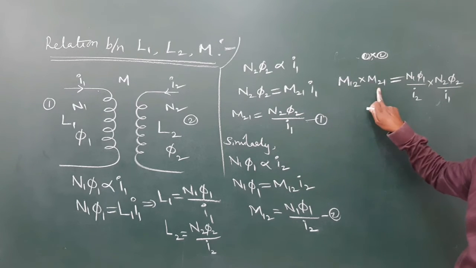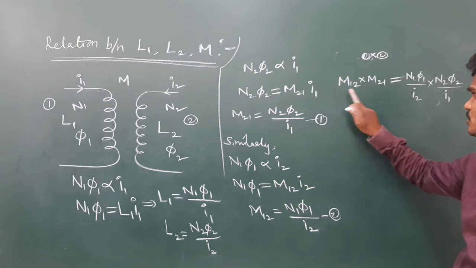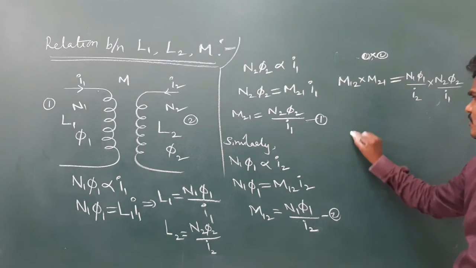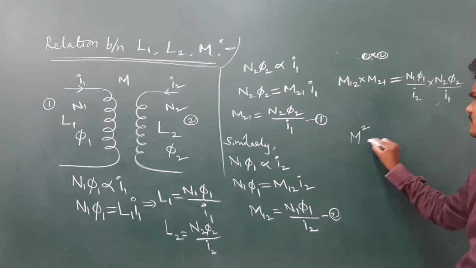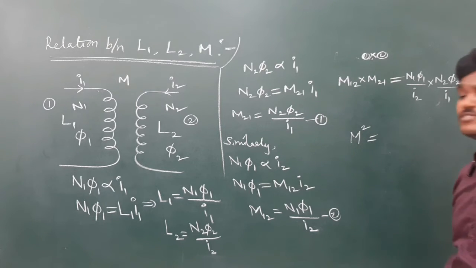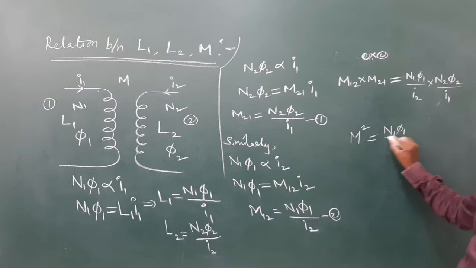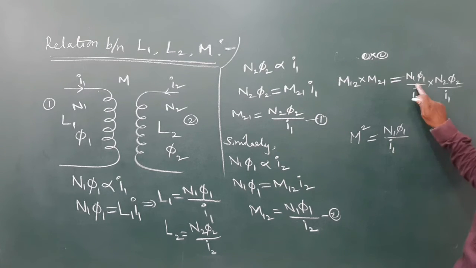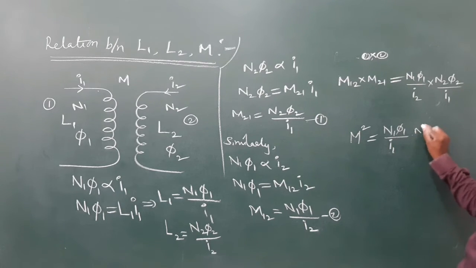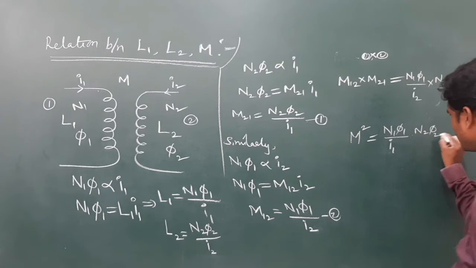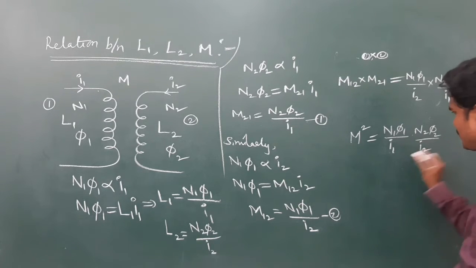So M12 and M21 are equivalent to M. So this can be written as M times M, we can write M square. This is M square, and this is N1 phi 1 by I1 times N2 phi 2 by I2.